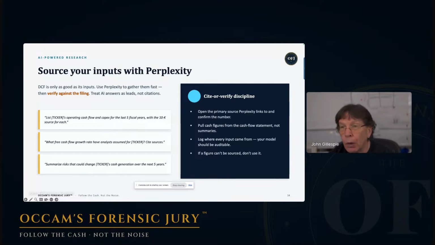Perplexity should do a pretty good job of bringing back that data for any publicly traded firm. Then as the analyst, it's your job to look at the sources and verify that there wasn't a hallucination or a misreading. And Perplexity is getting better, but it was a little bit famous for hallucinating.